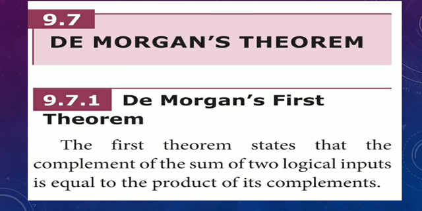One is De Morgan's first theorem, another one is De Morgan's second theorem. De Morgan's first theorem states that the complement of the sum of two logic inputs is equal to the product of its complements. So please note it down, students.